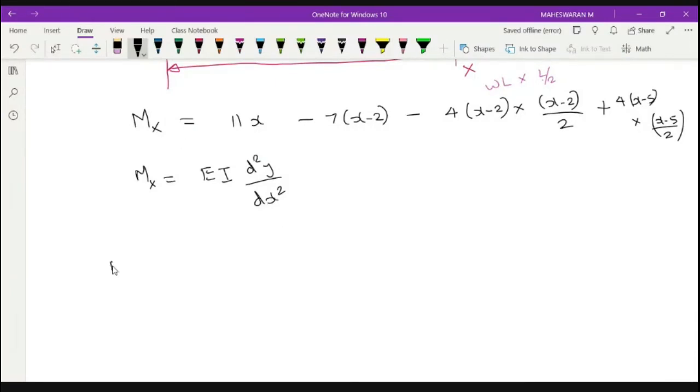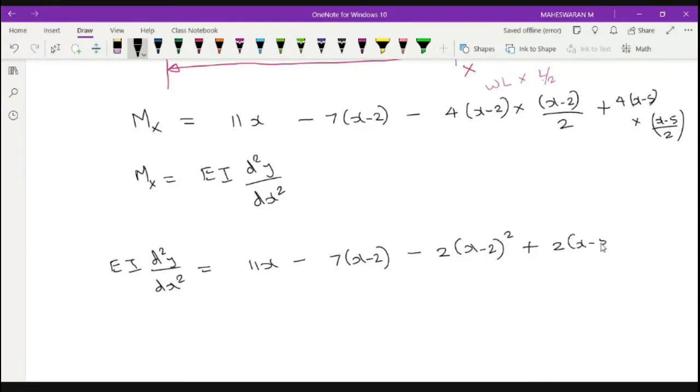You will get EI d square y by dx square is equal to 11x minus 7 (x minus 2) minus 4 divided by 2 into (x minus 2) the whole square, plus again 4 divided by 2 into (x minus 5) the whole square. So this is my value.